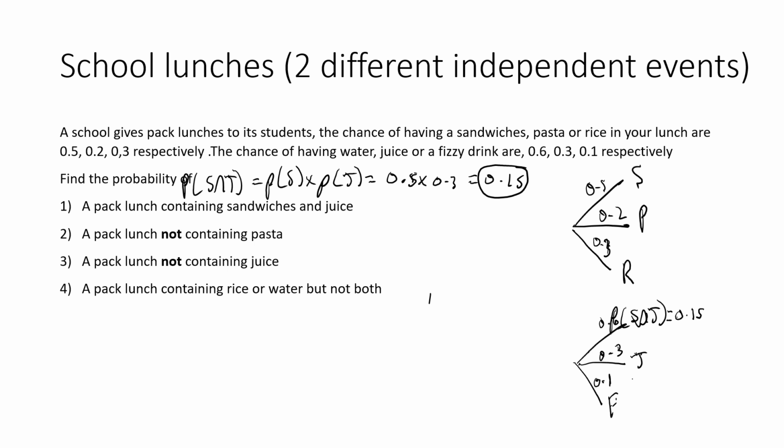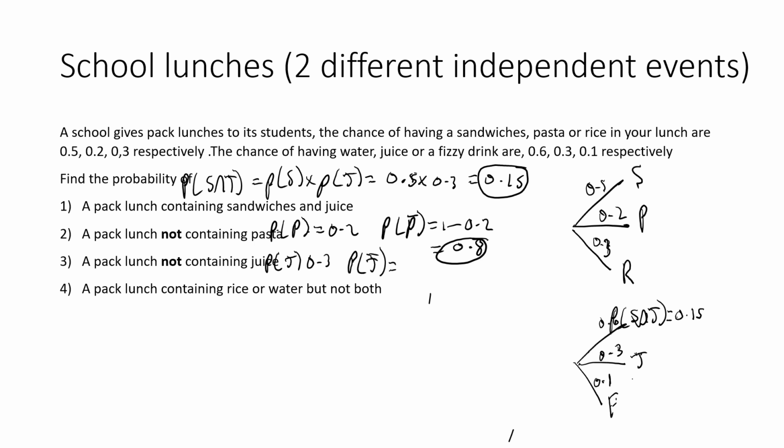The probability of a packed lunch containing pasta is 0.2. So if you just do 1 minus that, we'll get the probability of it not containing pasta, which is 0.8. Same thing here, the probability of a packed lunch not containing juice, the probability of it containing juice is 0.3. So the probability of it not containing juice is 0.7.